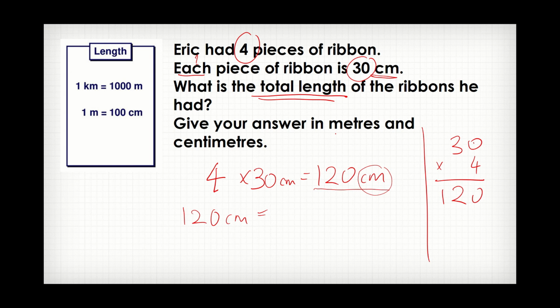Again, we are missing the meters, so we need to regroup it. 100 cm becomes 1 meter. So this is 1 meter and 20 centimeters. And that is my answer.